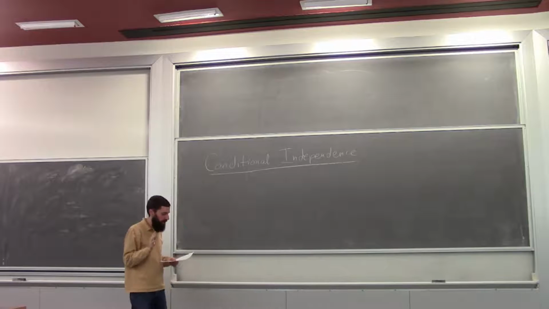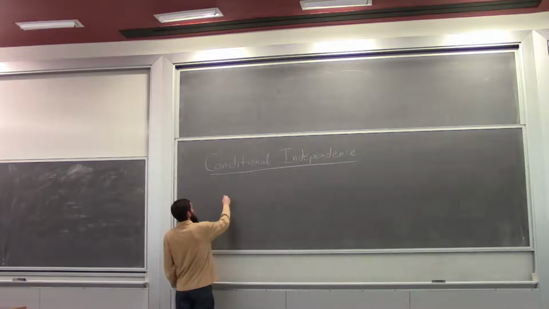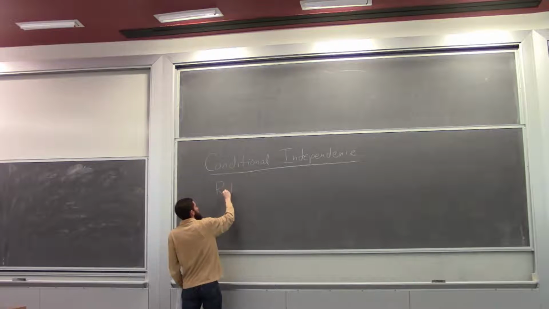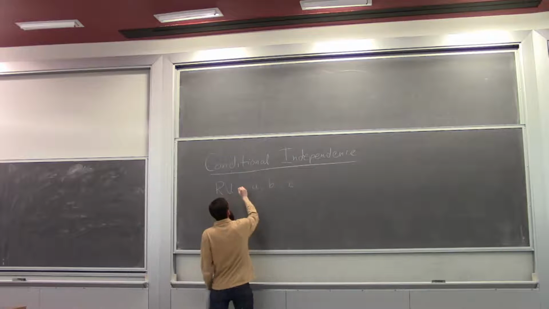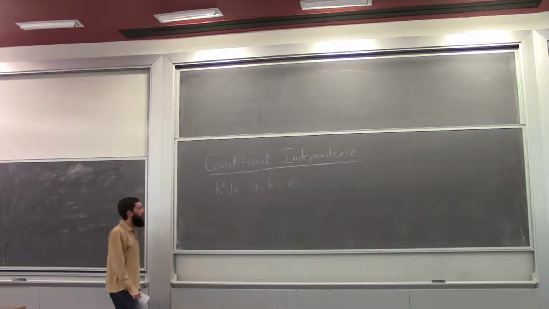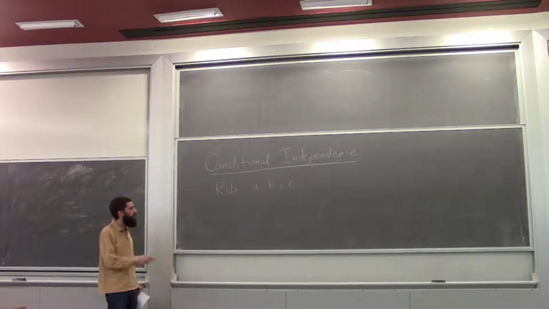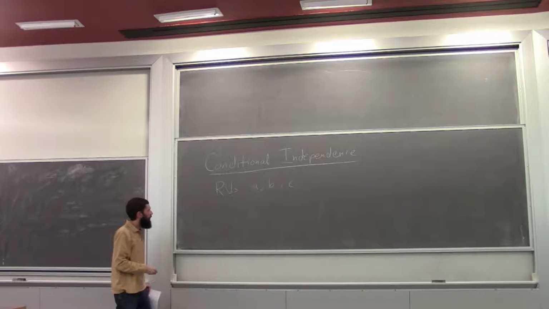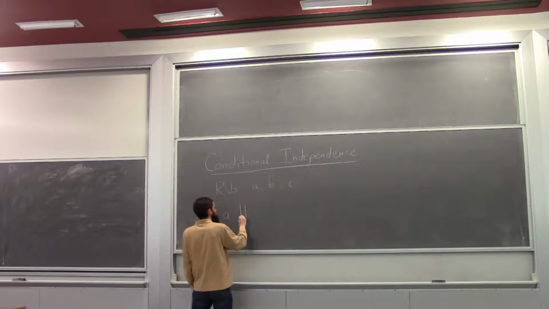So let me write down the definition of conditional independence. Let's say we have 3 random variables, A, B, and C. Again, they can be discrete or continuous or a mixture of discrete and continuous random variables. We're going to have notation that looks like this.